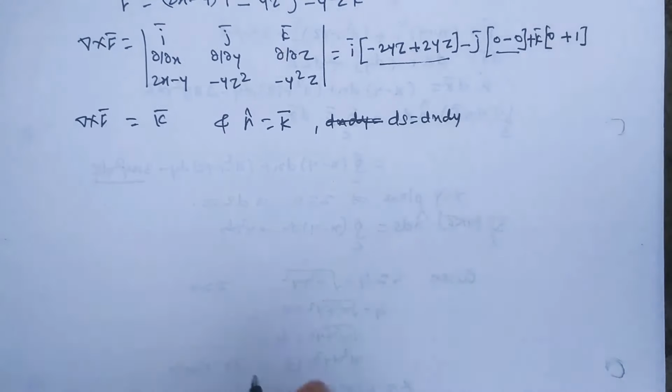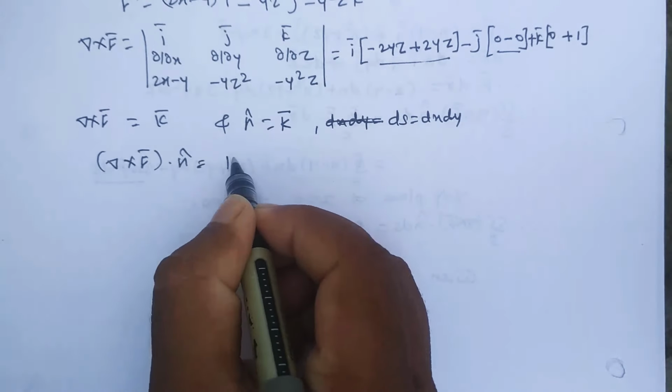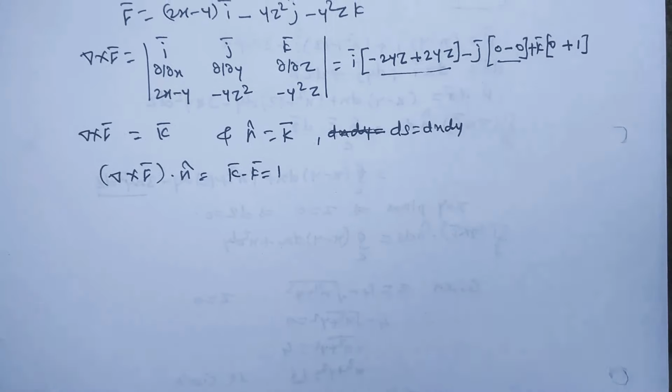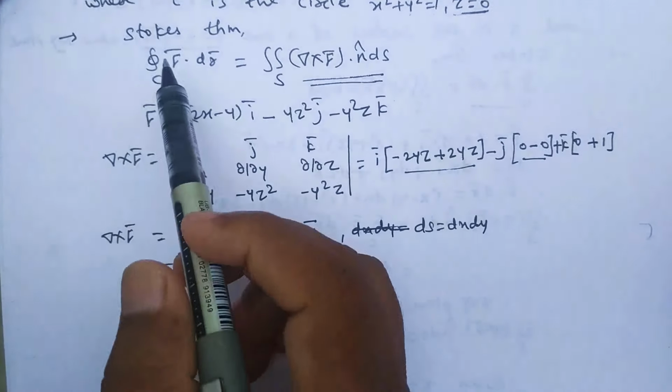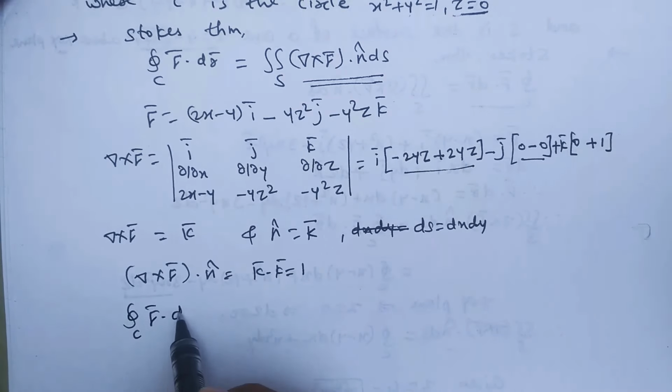So the value of del cross F̄ dot n̂ is k̄ dot k̄, that is 1.